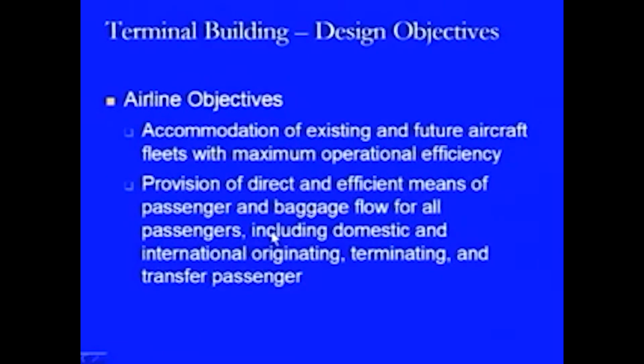Another thing is the provision of direct and efficient means of passenger and baggage flows for all passengers, including domestic and international, originating, terminating and transfer passengers. So, whatever the different types of operations related to passengers are in the direct control of the airline, space is required for all those types of activities. So, that is why they want to do all these things in a more efficient condition.